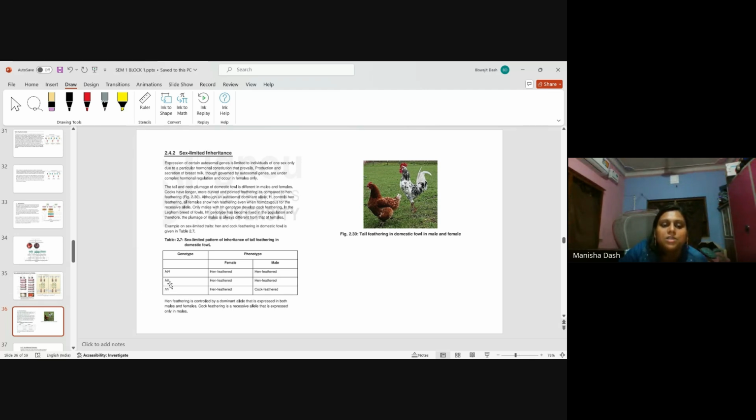But look at the condition when it is small h, small h. The female will have the hen feather, but the male will have the cock feather. So although the genotype is the same in both sexes, the phenotypic expression is different. That means the expression of this kind of character is limited to only one sex of the organism, that is only the male.